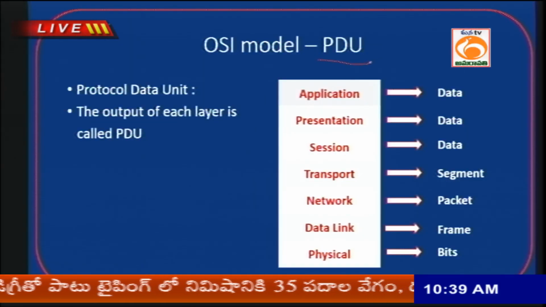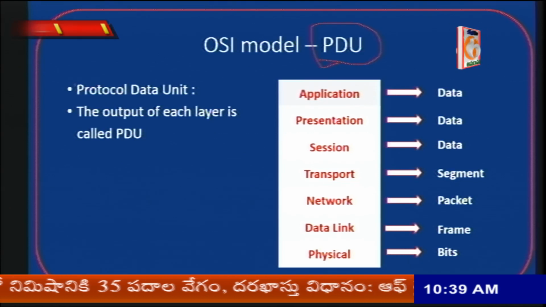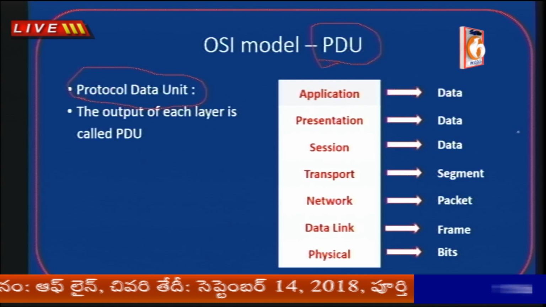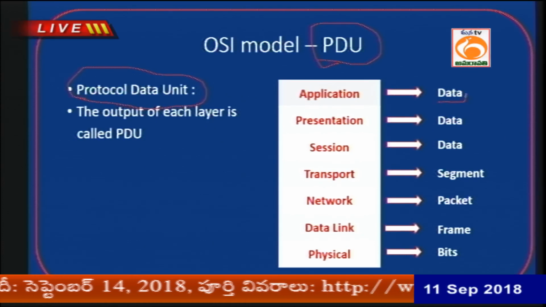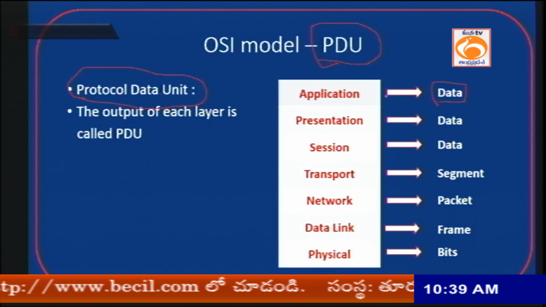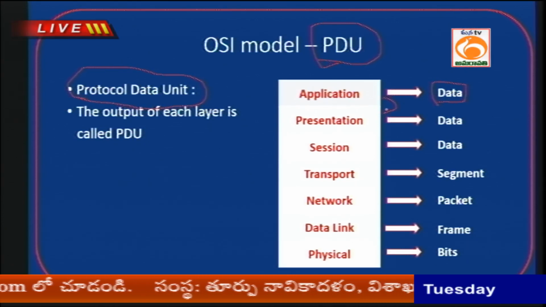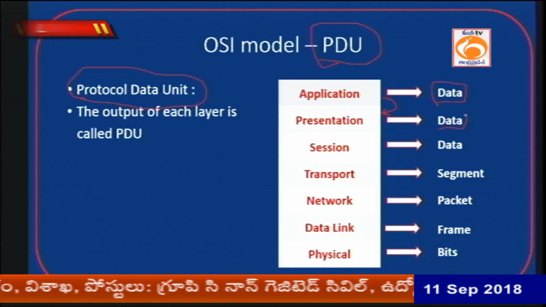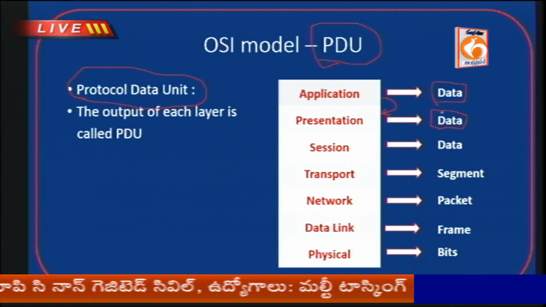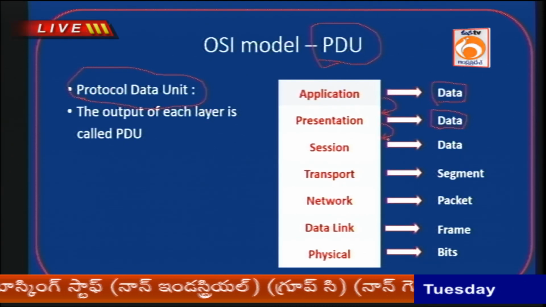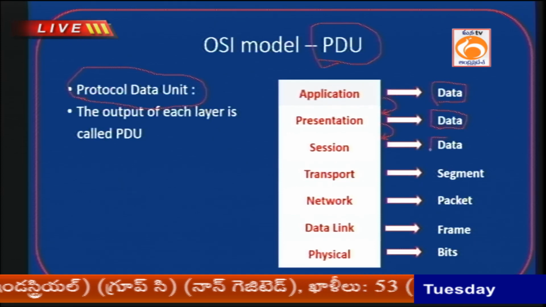We can see here on the screen the PDU, protocol data unit. Every layer sends some information out to the next layer, and that output is called the protocol data unit. The application layer output is data, and this data goes as input to the next layer. When you send the data out from the presentation layer, the output is data, meaning we are not adding new information to it, and the data is sent to the session layer and the output is again data.